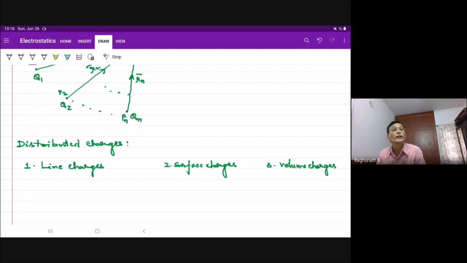Whenever we want to determine the field at a point because of these charges, we define something called charge density.